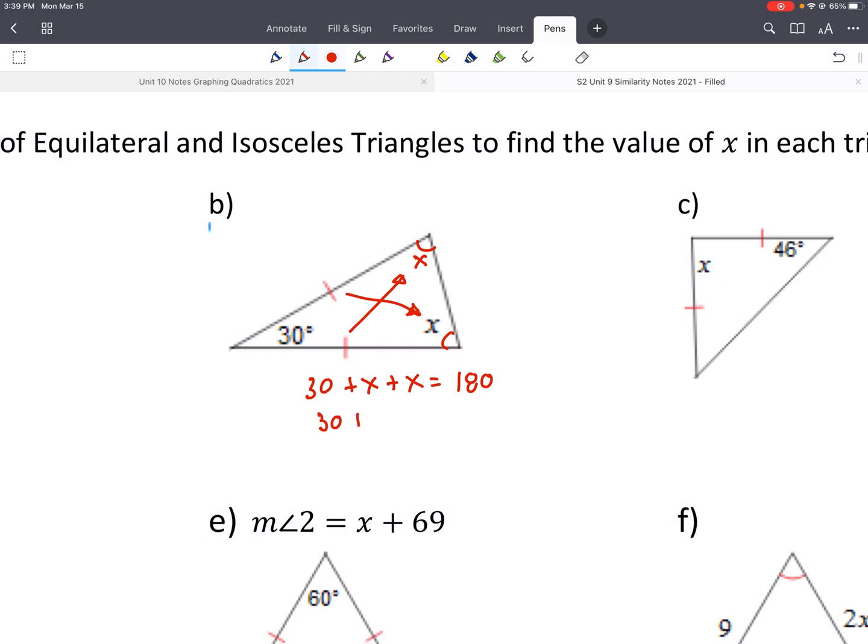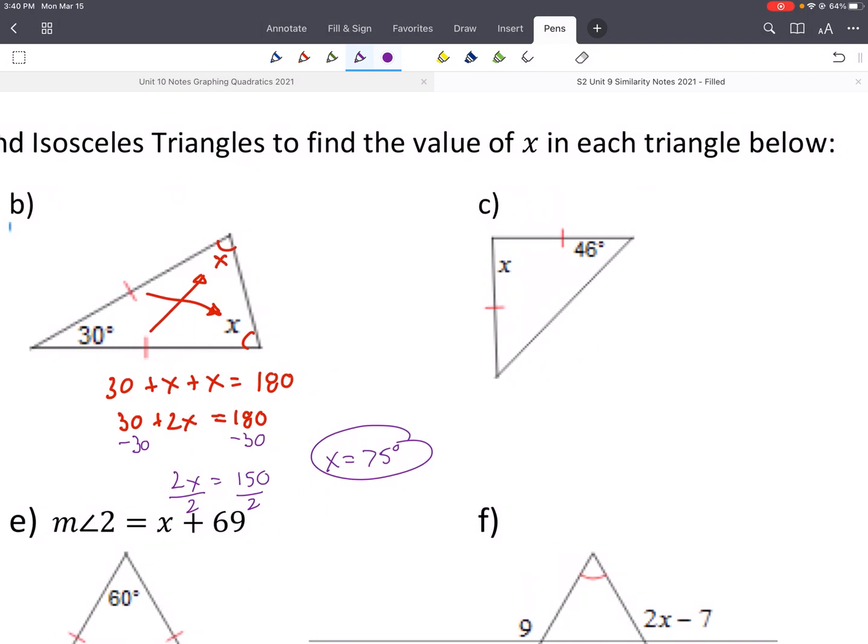That gives us 30 plus 2x equals 180 degrees, and then we can solve for x. So subtract 30, that gives us 2x is equal to 150, and then just divide both sides by 2, and we end up getting x equals 75 degrees.